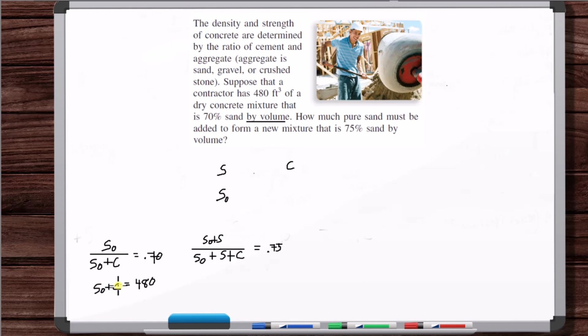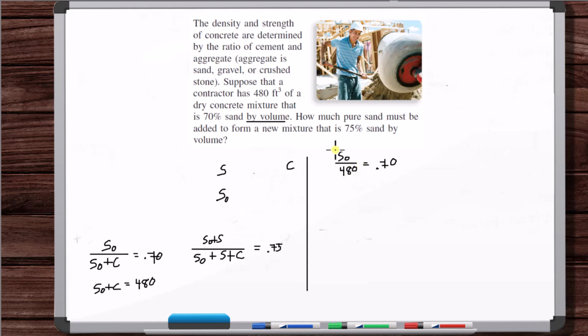We can put this S naught plus C right here. And what do we get? You get S naught over 480 is equal to 0.70. Well, this is a linear equation in one variable. The coefficient is 1 over 480 times a variable is equal to 0.70.